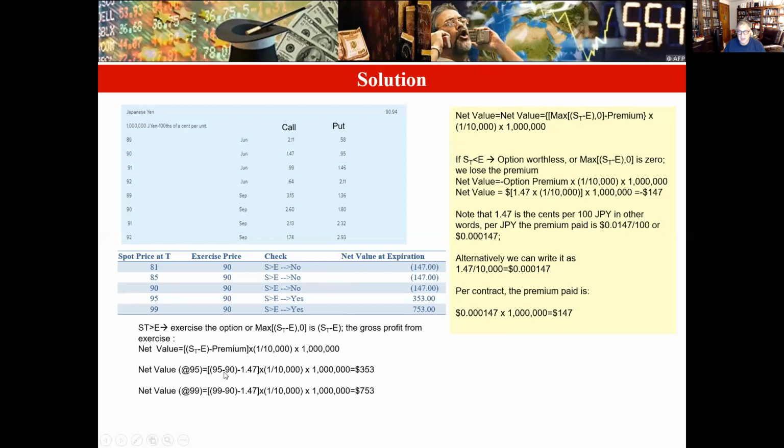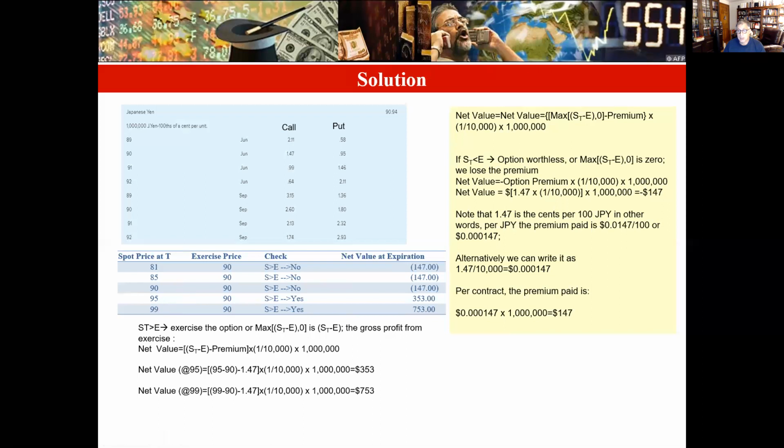So if you plug the numbers in and do the math, you're going to get this $353. What about 99? If the spot price turns out to be 99, still I will exercise the option, go ahead and purchase Japanese yen at 90, and sell it in the spot market for 99.